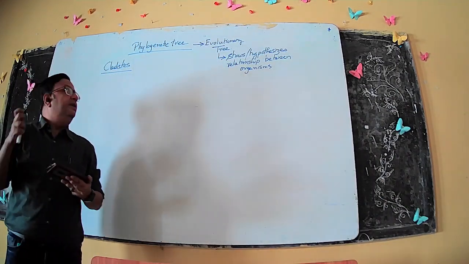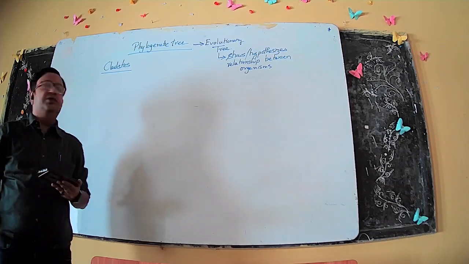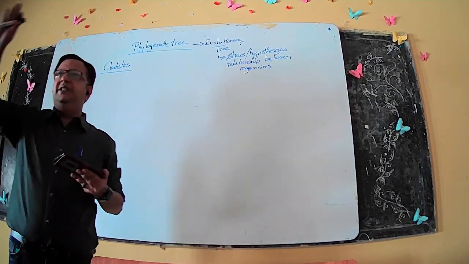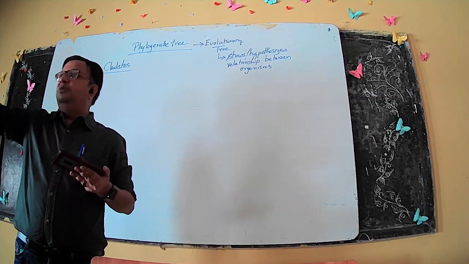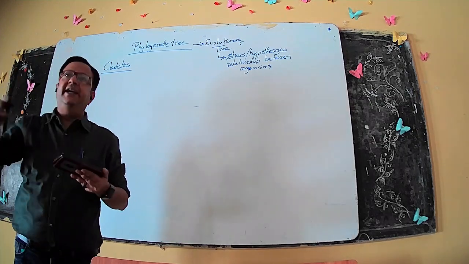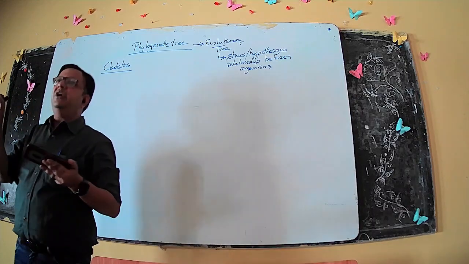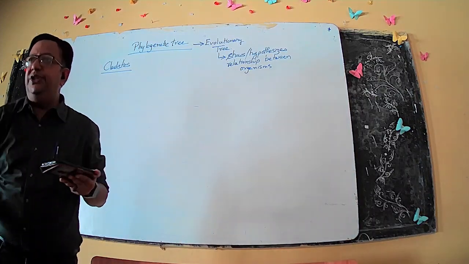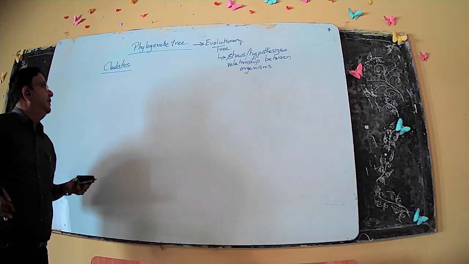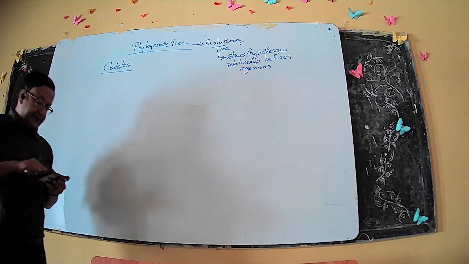This is what is done by an evolutionary tree. So if you have 5 species A, B, C, D, by making a tree and connecting them with lines, you show which is nearer to what and how the evolutionary pattern came. And the science is cladistics.